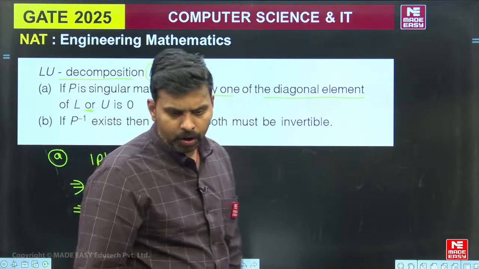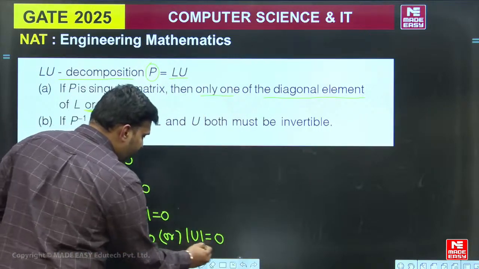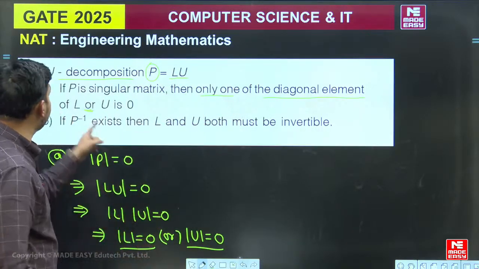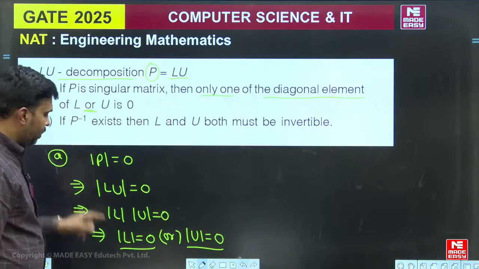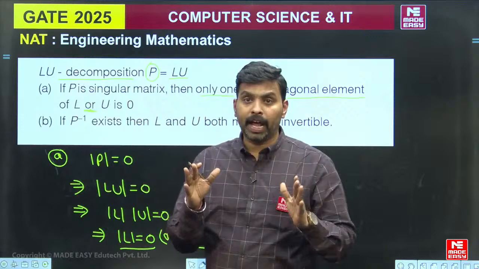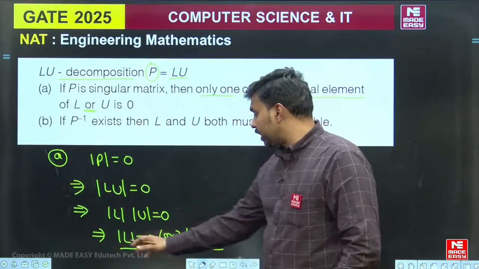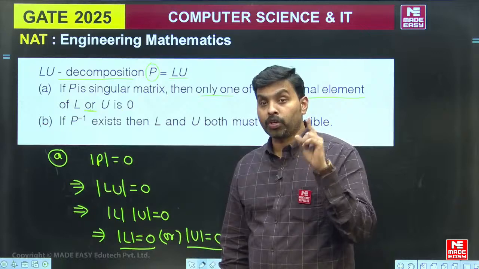Okay, let me tell you about these cases. Mod L is equal to 0, or mod U is equal to 0, here it is an or. You know that L is a triangular matrix and U is also a triangular matrix. The determinant of a triangular matrix is the product of the diagonal elements.